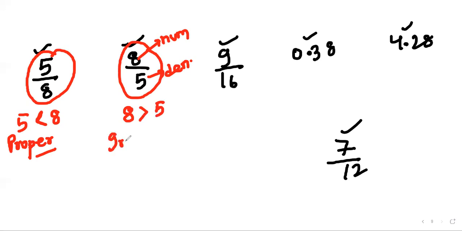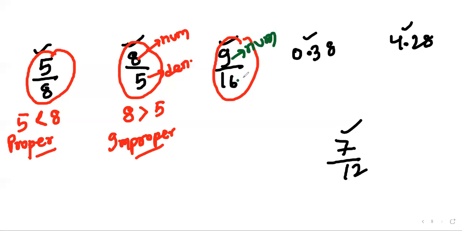So this is the case of an improper fraction. Very simple. Let's come to this one, 9 over 16. What we are going to see over here is that 9 is the numerator and 16 is the denominator. So the numerator is lesser than the denominator as per the condition. So this is the case of a proper fraction.